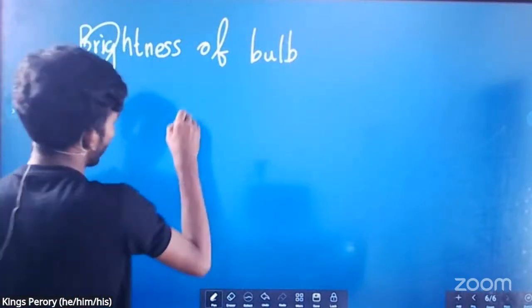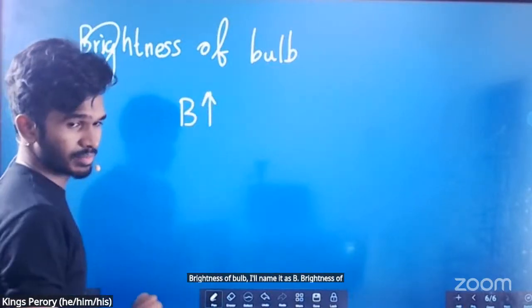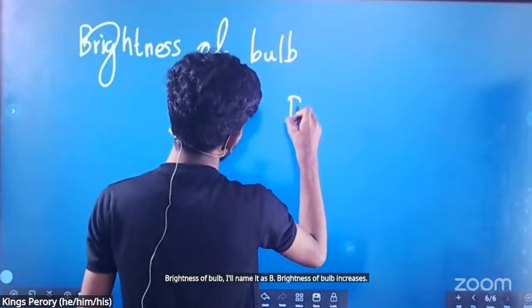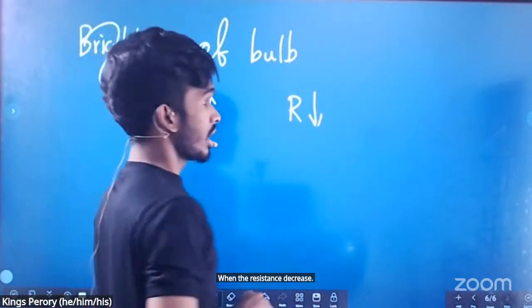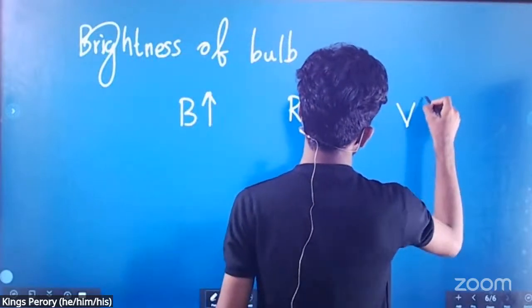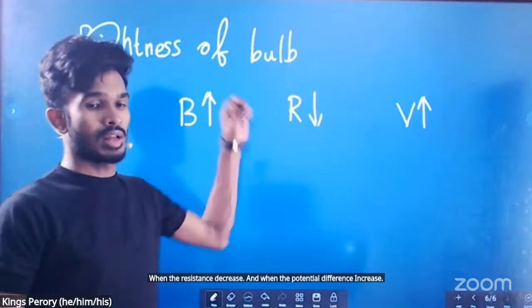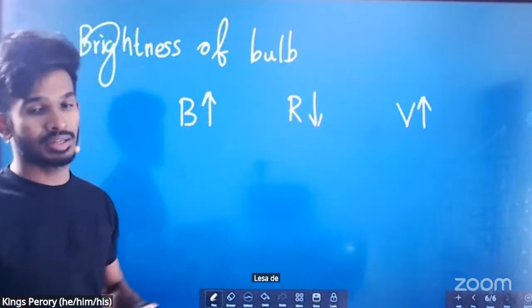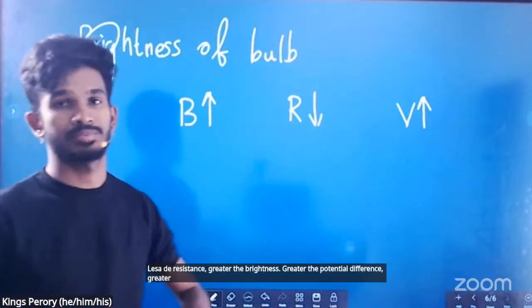I'll name it as B. Brightness of the bulb increases when the resistance decreases and when the potential difference increases. Lesser the resistance, greater the brightness. Greater the potential difference, greater the brightness.